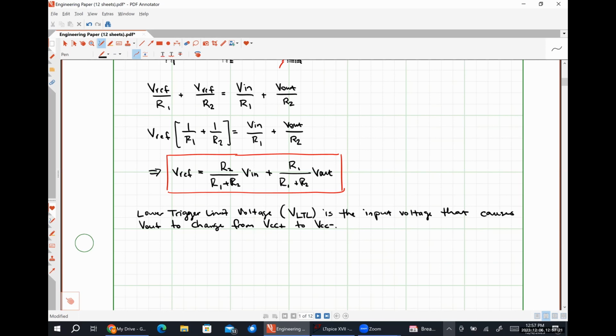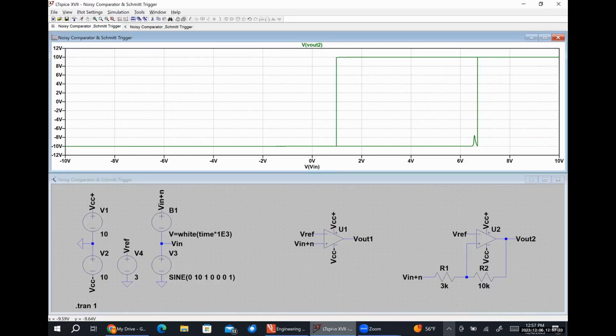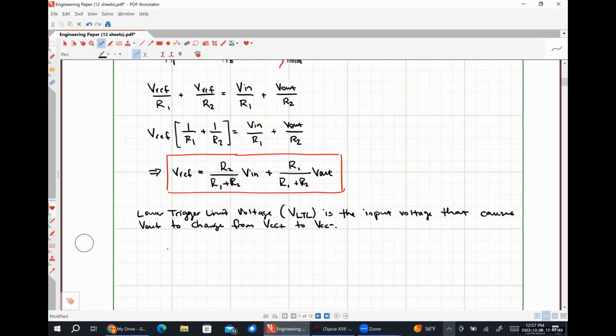So if we wanted to calculate our lower trigger limit voltage, we would have our reference voltage. If we look back at our LTspice diagram, our reference voltage is 3 volts. So we would have 3 volts is equal to R2 divided by R1 plus R2.